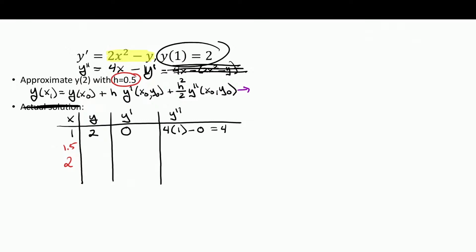I've got y, so that's 2, plus the step size times the slope, which was 0, so that's not very exciting, plus the step size squared over 2 times the second derivative. Now that's more exciting because what I end up with is 2.5.